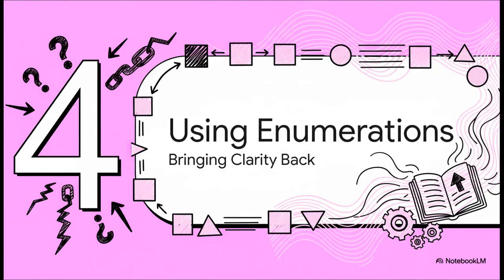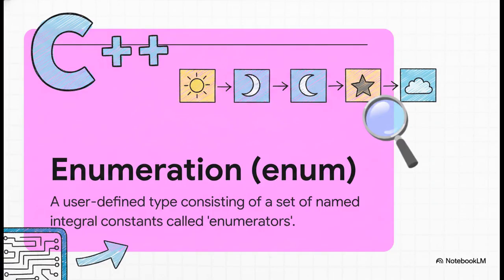And this is where our second awesome tool comes into play. To get rid of these mysterious numbers and bring some real clarity back to our logic, we can use something called enumerations, or as most people call them, enums. So what exactly is an enumeration? Well, it's basically a custom type that you define yourself, and it consists of a set of named constants.